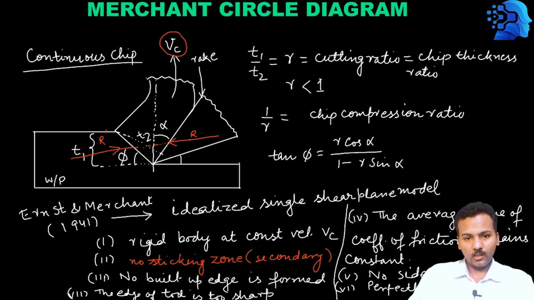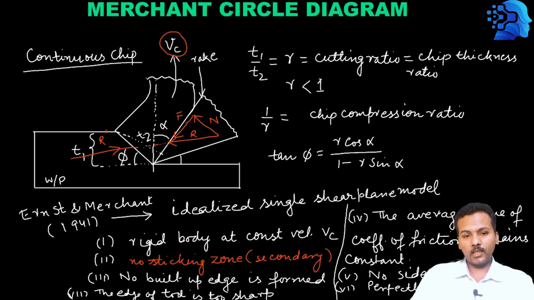We know that R is the force applied by the rake onto the chip. We have to break this force into two components, one along the plane of the rake surface and another normal to the rake surface. Let us represent the normal force as N, and the one along the rake plane as F, which is nothing but the frictional force.